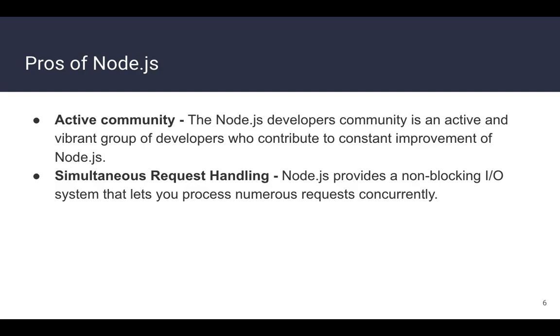As I said earlier in this video, it uses an event-driven mechanism to handle requests. Once a request is made and it's awaiting data from a database or any sort of external server, it'll just add it to an event queue and other requests can be processed along the way. In that sense, it can process a large amount of requests at a given time.